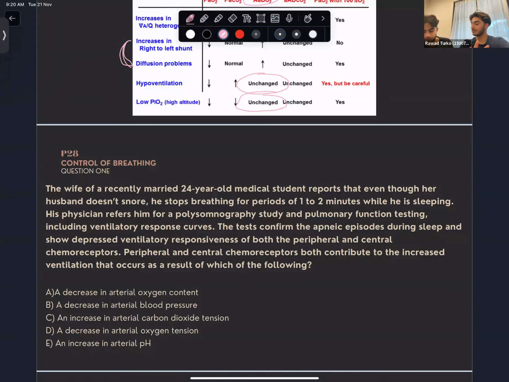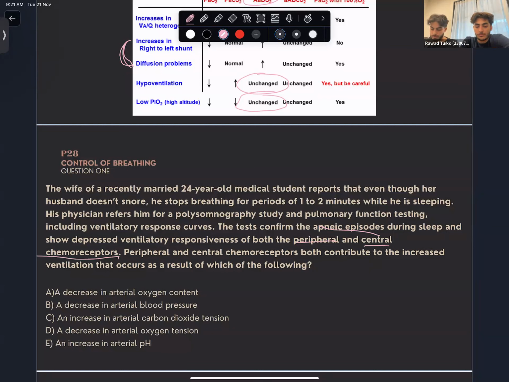The wife of a recently married 24-year-old medical student reports that even though her husband doesn't snore, he stops breathing for periods of 1 to 2 minutes while he's sleeping. His physician refers him to a study, and pulmonary function testing included ventilatory response curves. The test confirmed the apneic episodes during sleep and showed depressed ventilatory responsiveness of both peripheral and central chemoreceptors.